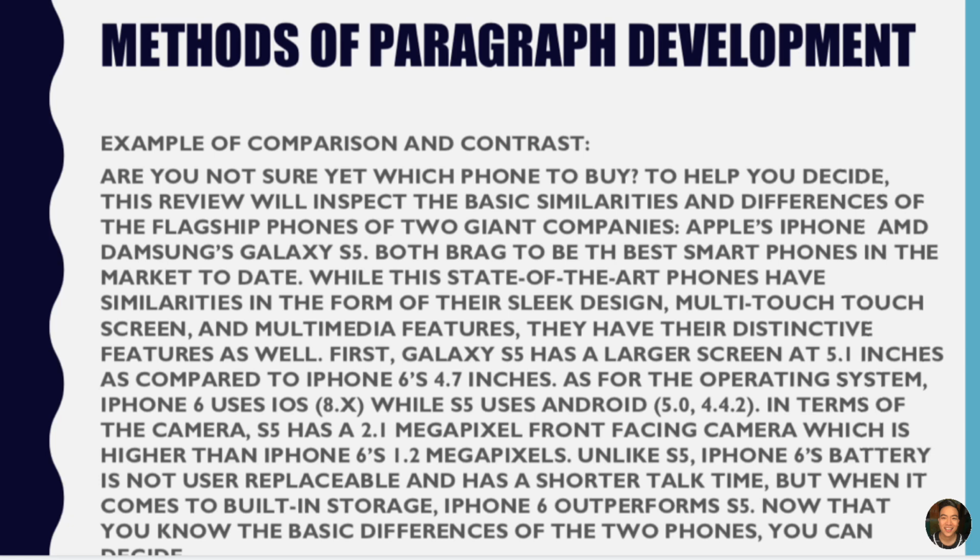In terms of the camera, S5 has a 2.1 megapixel front-facing camera, which is higher than the iPhone 6's 1.2 megapixels. Unlike S5, iPhone 6's battery is not user replaceable and has a shorter talk time. But when it comes to built-in storage, the iPhone 6 outperforms S5. Now that you know the differences of the two phones, you can decide.